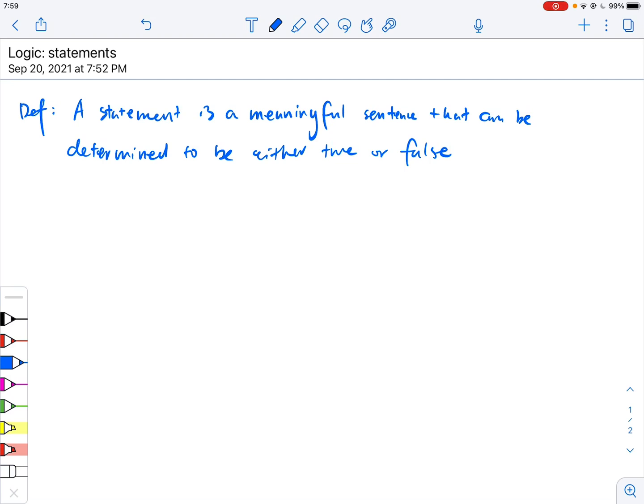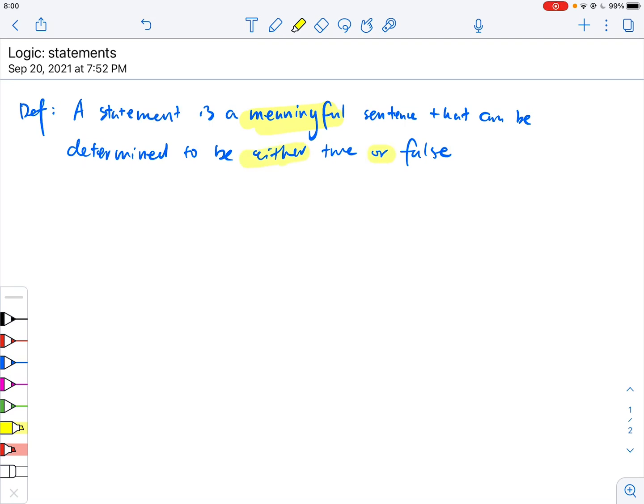Okay, so it is a meaningful sentence that can be determined to be either true or false. There are some words that I want to highlight over here. One is meaningful. One is either or.